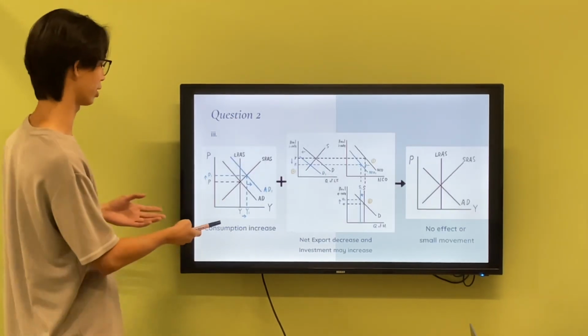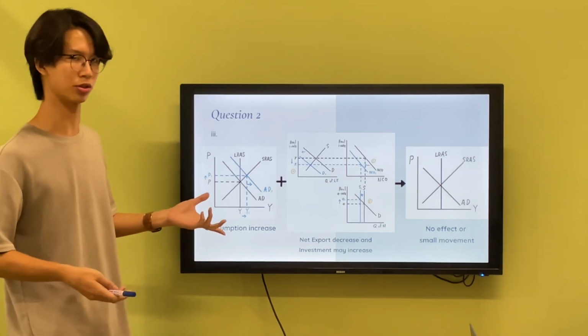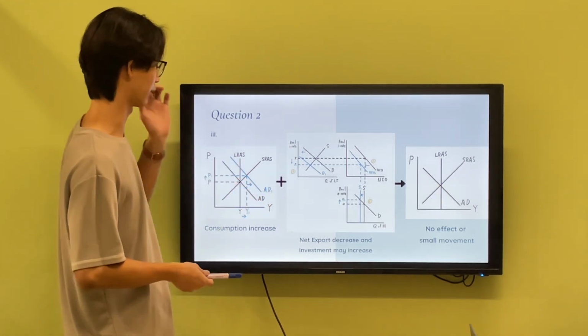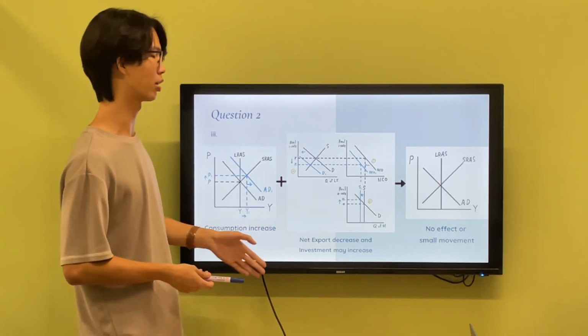So here's the diagram. The first one is the consumption that we just talked about. And the second one, the middle one, is net export and investment.